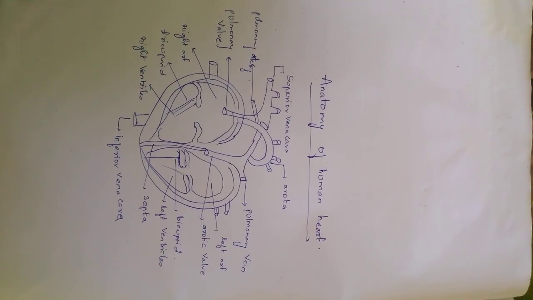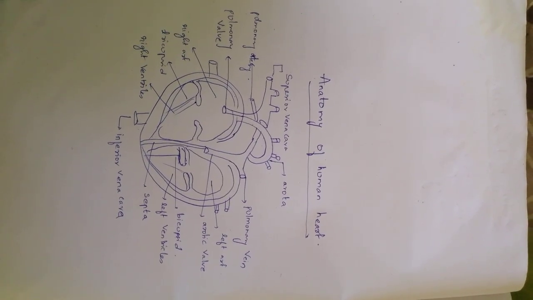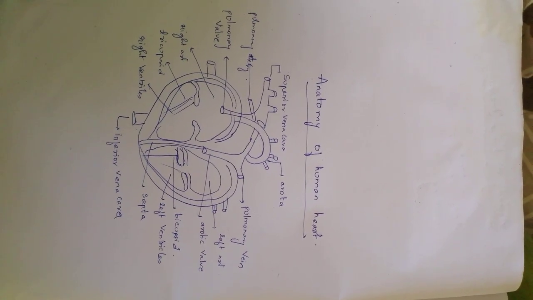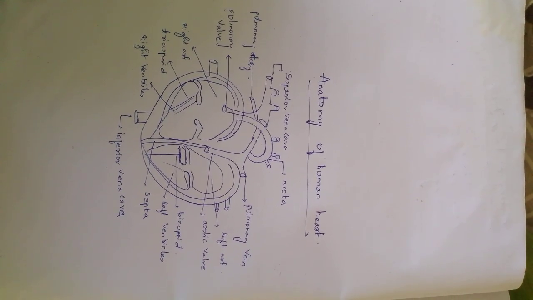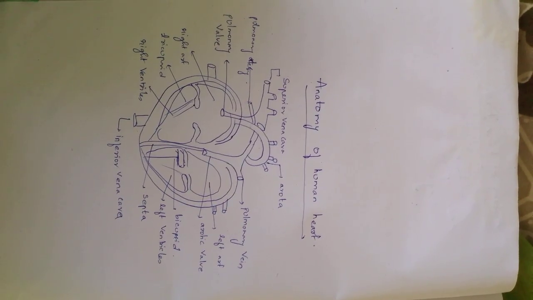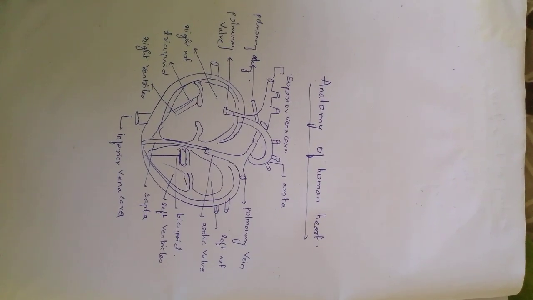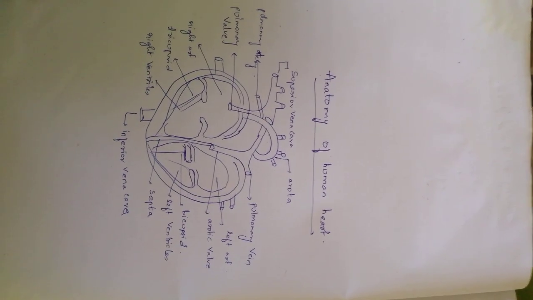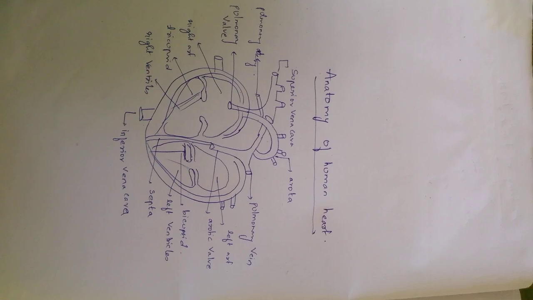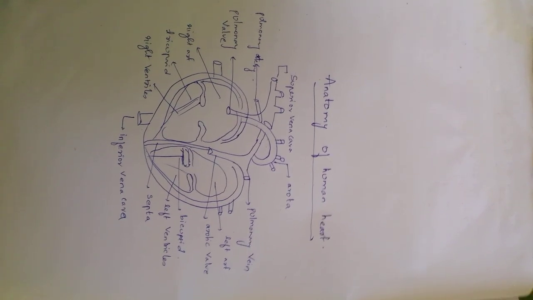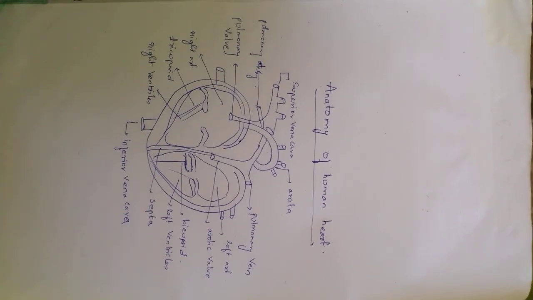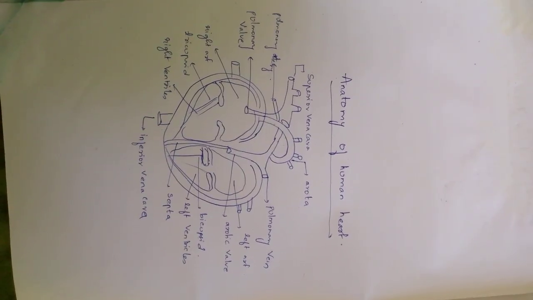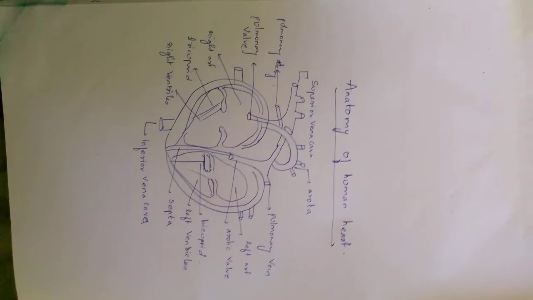The left atrium receives oxygenated blood from the lungs. The function of the left ventricle is to pump oxygenated blood to different parts of the body. These are the functions of the four chambers of the heart.